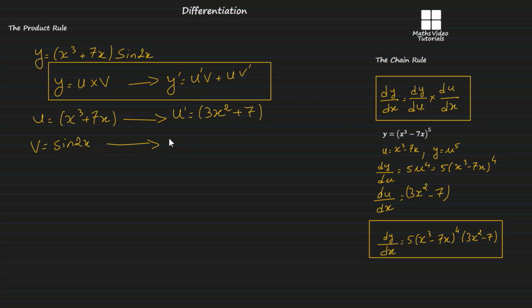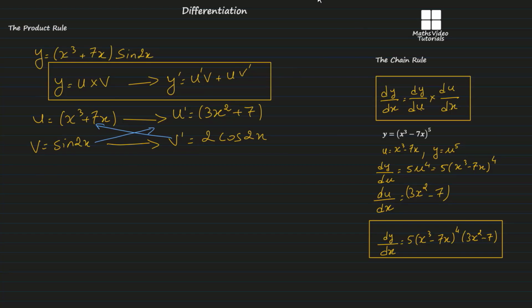If I differentiate v, I get 2 cos 2x. And applying the product rule for differentiation is to cross multiply like this. So v goes with u dash, like this one here, and u goes with v dash.